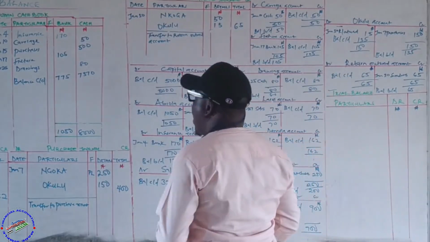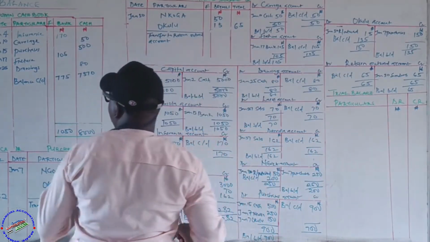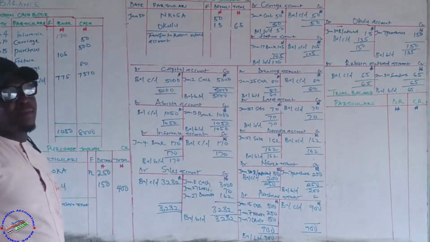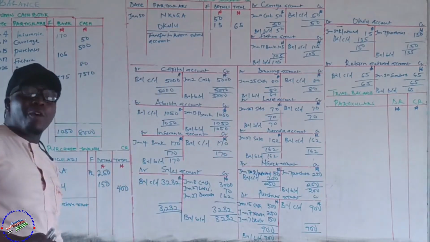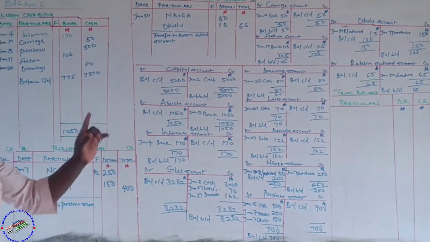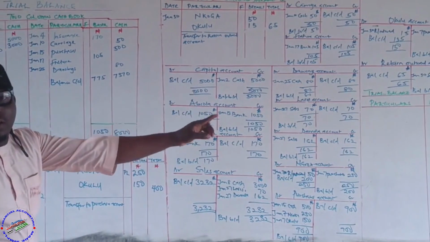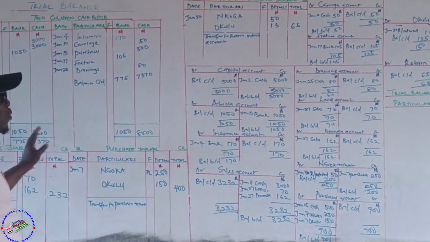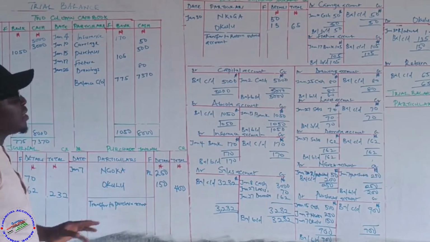Now, I'm going to post everything I have here into my trial balance. But before we start posting, one thing you need to know is it is where you have your balance brought down. If your balance brought down is on the debit side, you post it to the debit side in your trial balance. If your balance brought down is on the credit side, we post it to the credit side in the trial balance.